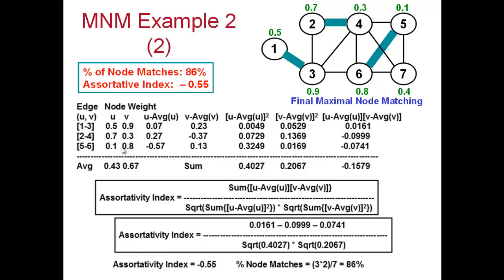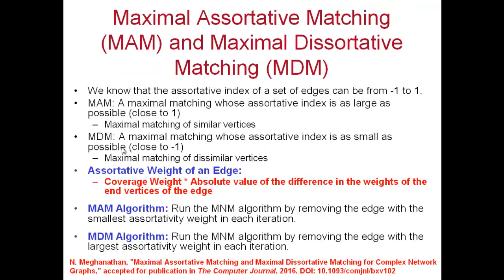So the similarity of the end vertices is the primary objective now, and the secondary objective is to maximize the number of edges that we pick. If you want to do that, the matching is going to be called the maximal assortative matching.